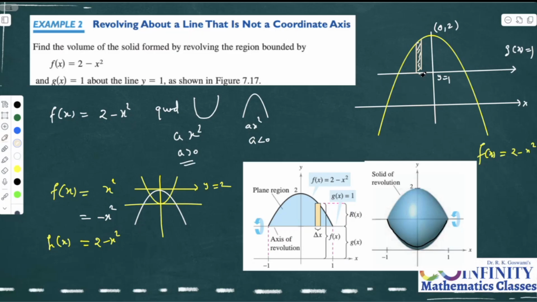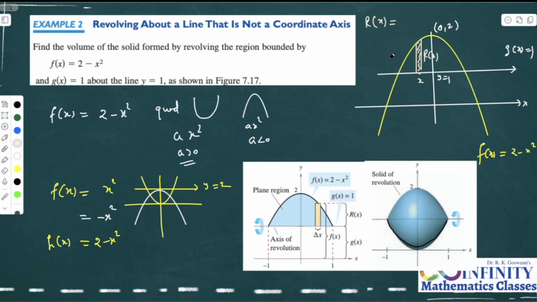At any point x, this radius I need to know. What will be the radius? I'm not asking about the volume, I'm just asking you about the radius. What is going to be the radius? It would be 2 minus x squared minus 1.